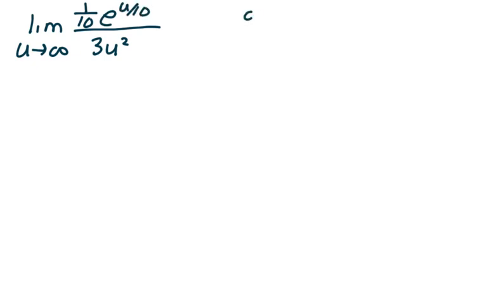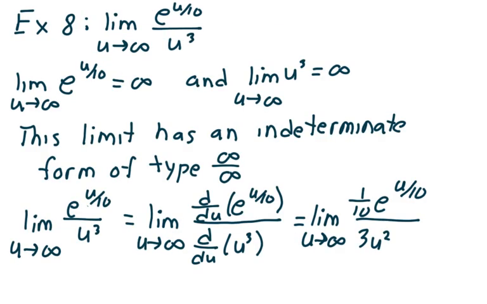We have the limit as u goes to infinity of, the denominator is 3u squared, and the numerator is 1/10 e to the u over 10. Now this has the shape of infinity over infinity again, and so we're going to apply L'Hopital's rule again, taking the derivative of the numerator divided by the derivative of the denominator.